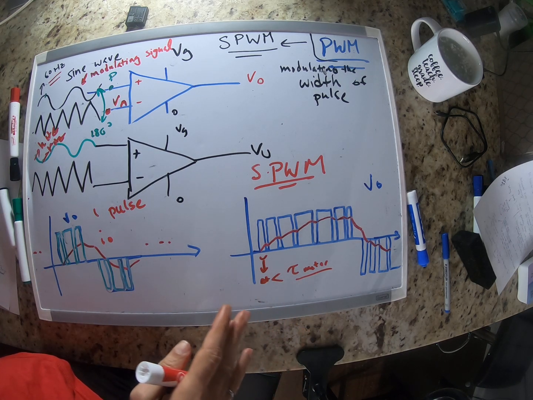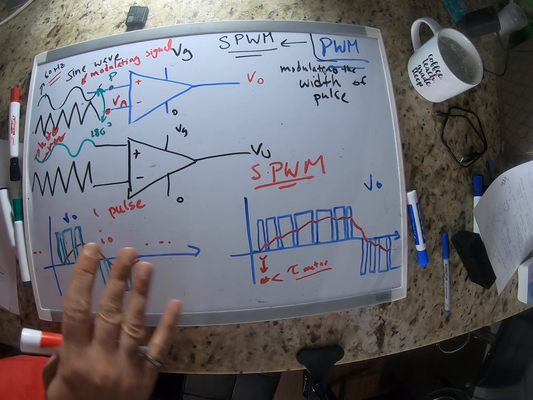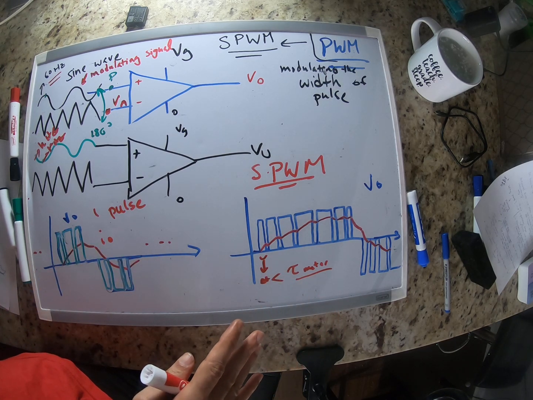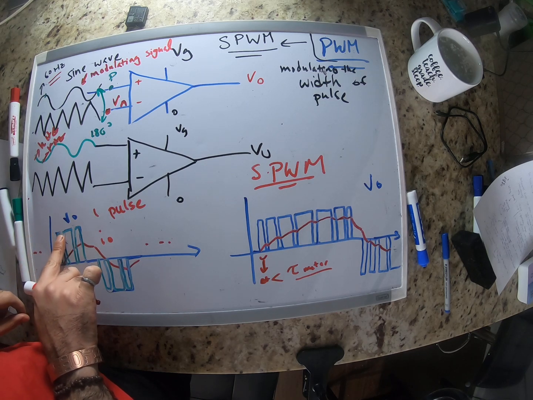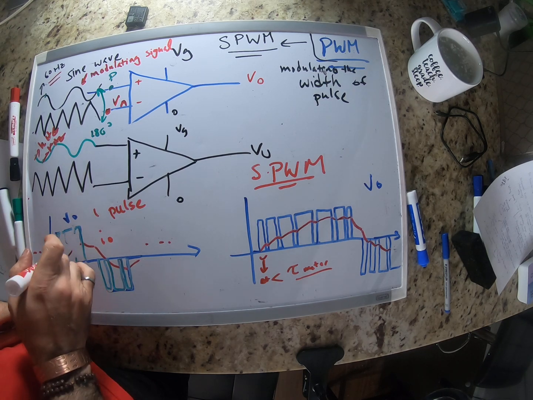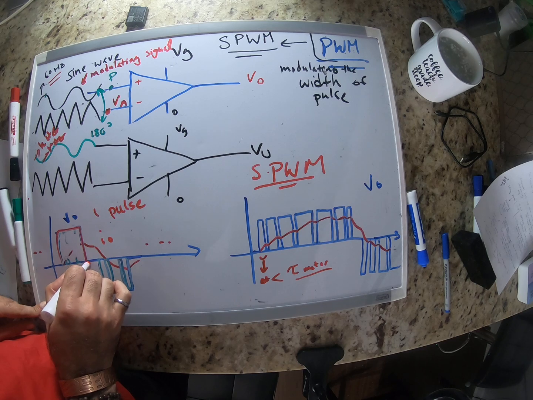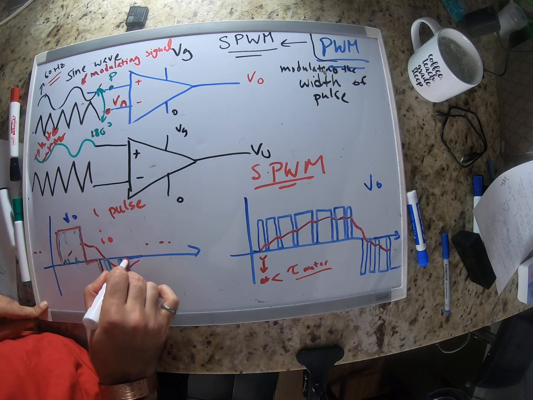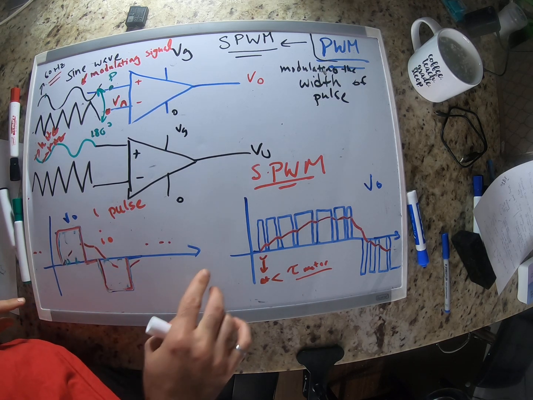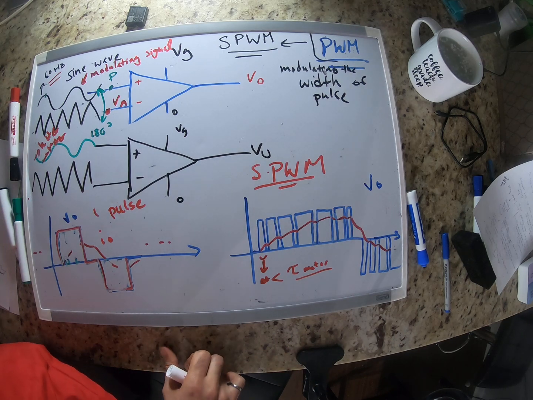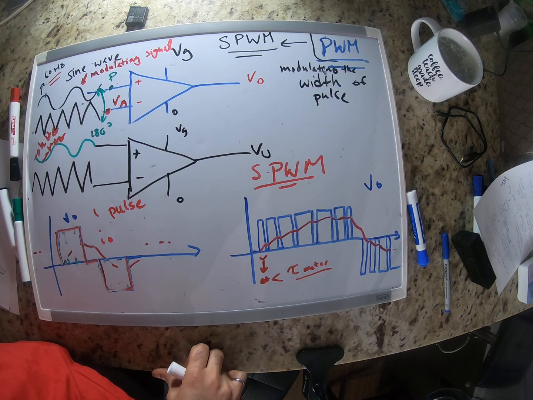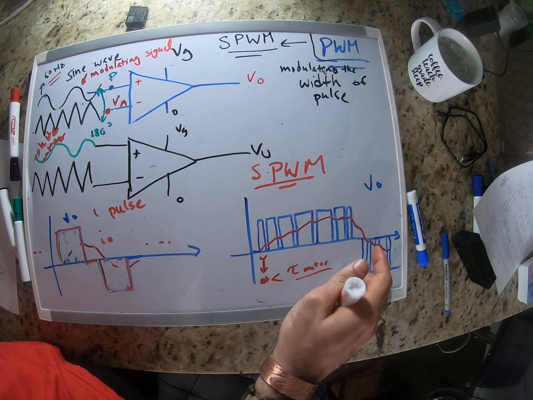We wouldn't have that much harmonic. We still have harmonics, we still need filters, but compared to having only one pulse, which was the case here, this would make our current waveform much smoother.